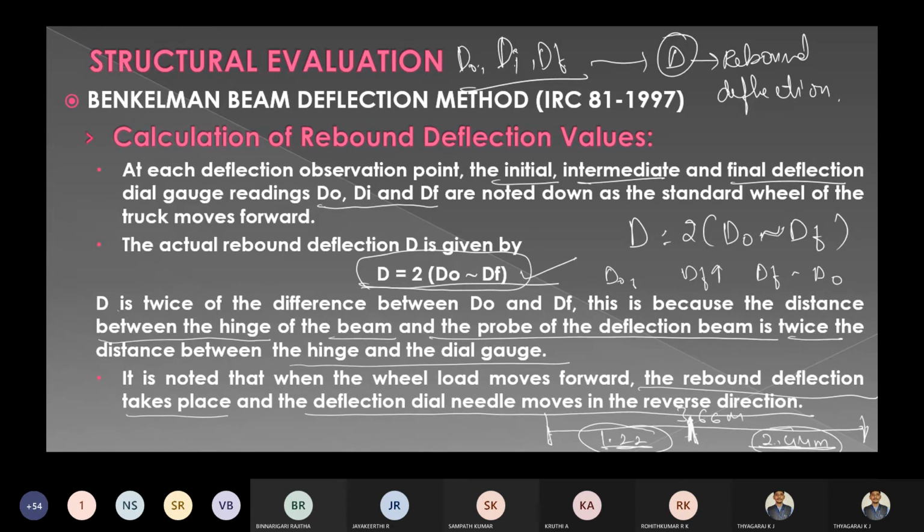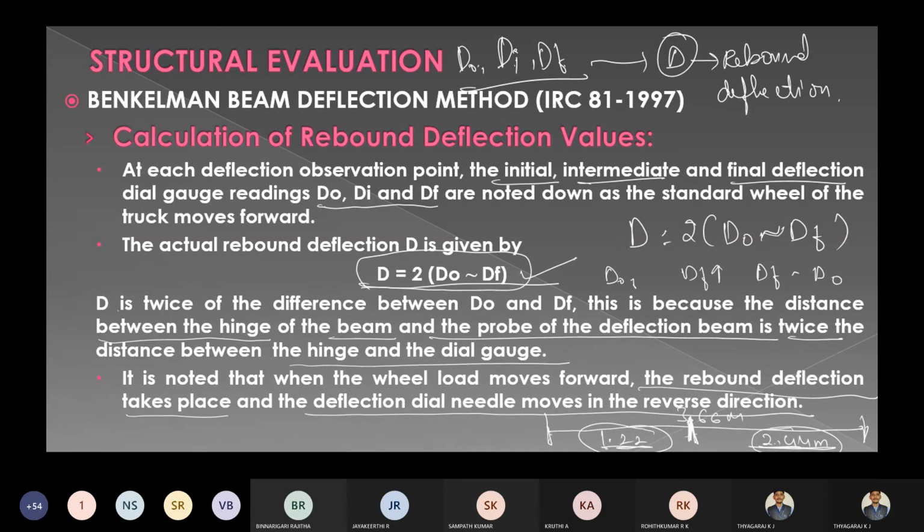Whenever the wheel moves, the dial gauge will run in reverse direction. Initially it was moving 0 to 10, but in this BBD it will move from 0 to 90, 80, 70, 60, like in the reverse direction, in an anti-clockwise motion.